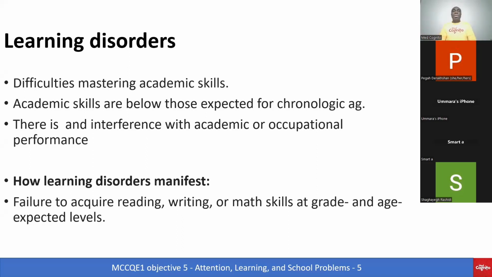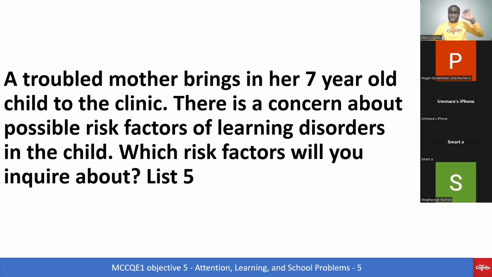Okay, now, how will the learning disorder manifest? There will be failure to acquire reading skills, failure to acquire writing skills, failure to acquire math skills at the grade and age expected for that child. So if the child is, say, 7 years and is expected to have specific skills, if a child has learning disorders, their activity will be below that.